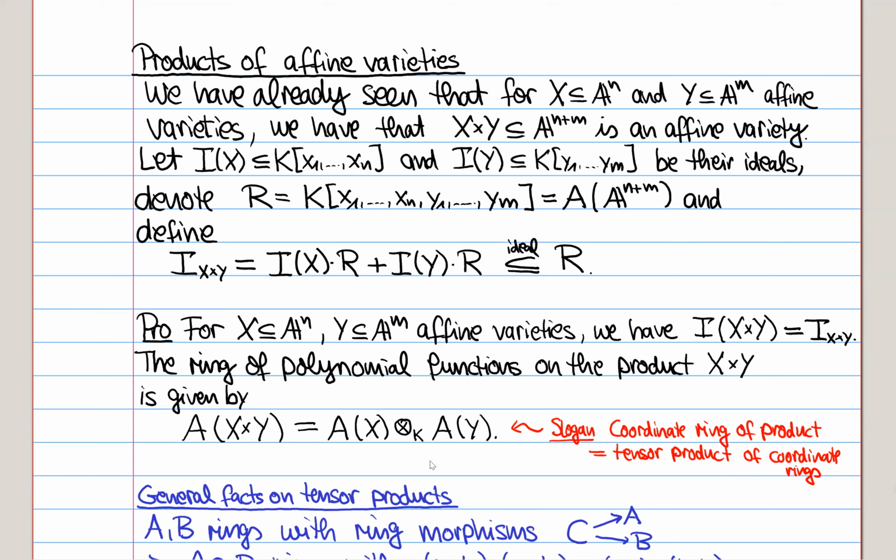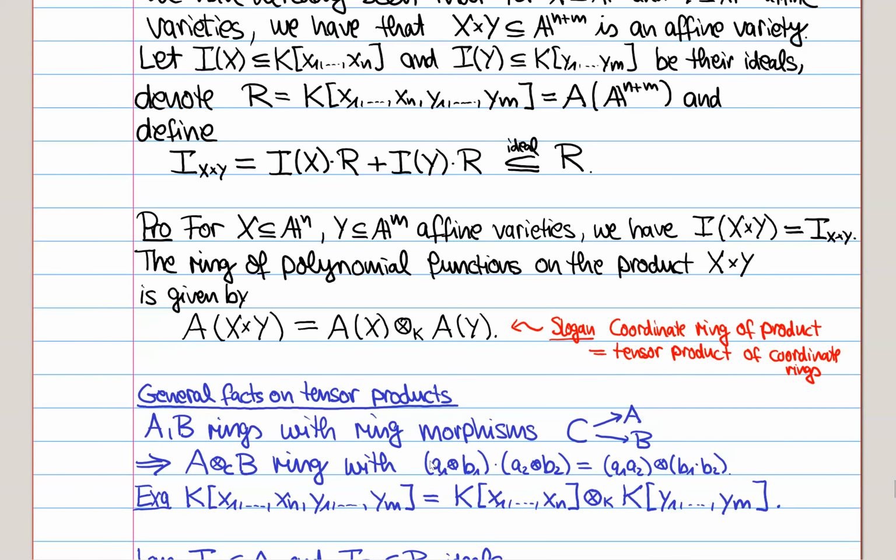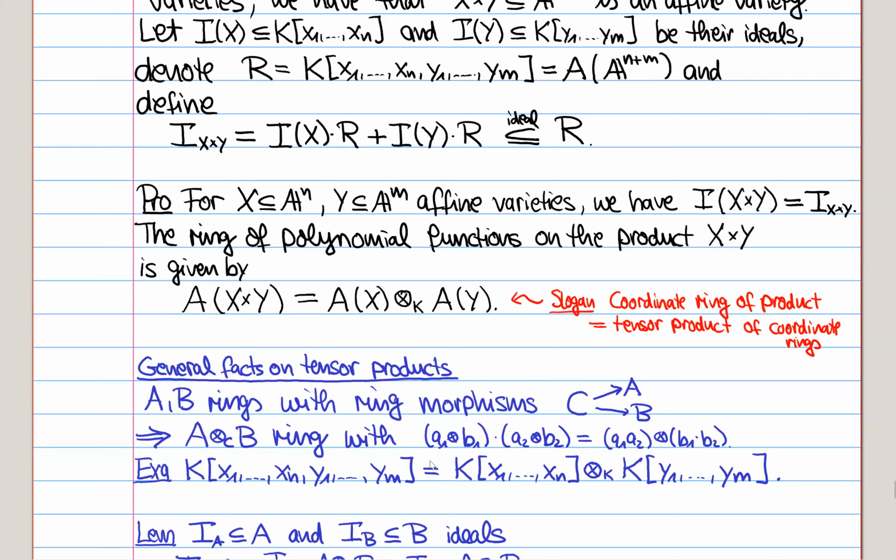Okay, and so let's recall, just to get everyone on the same page, some general facts on tensor products. So to set it up, let's say that A and B are any rings together with ring morphisms from some common ring C, maps to both of them.